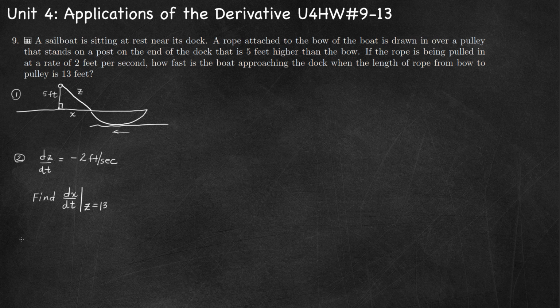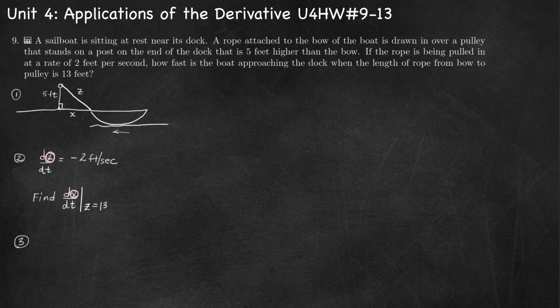That's going to help us in step 3, where we have to come up with an equation that relates our variables. The variables of interest are z and x. That comes from the rate we're given and the rate we're trying to find. So I need to write an equation that relates z and x. What equation can we come up with that has a z and an x in it?